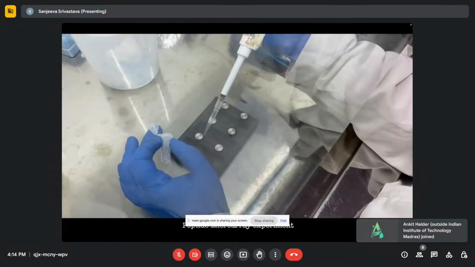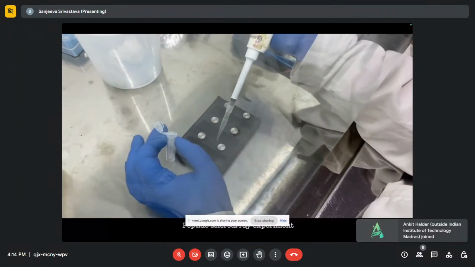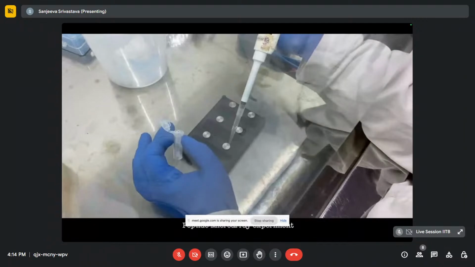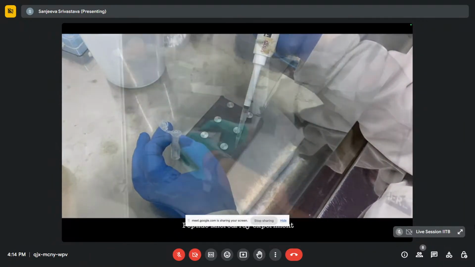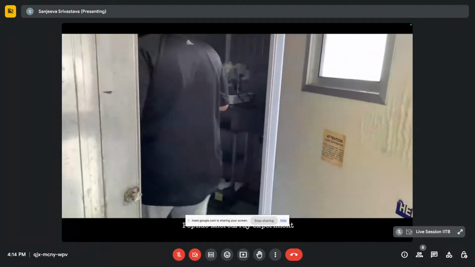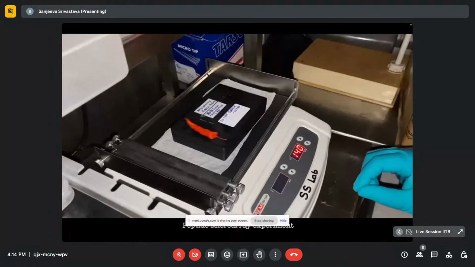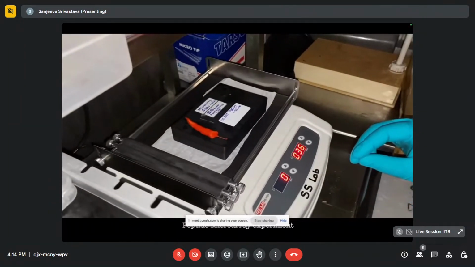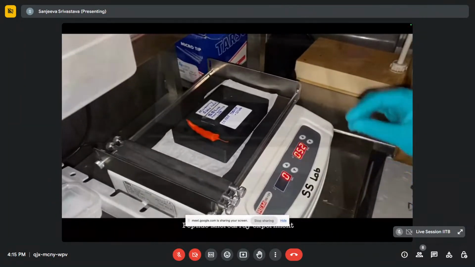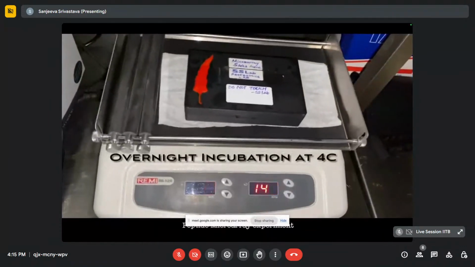Now slowly overlay the diluted plasma over the slide and incubate overnight. This will be done in a cold room at 4 degrees Celsius at 140 RPM on an orbital shaker.